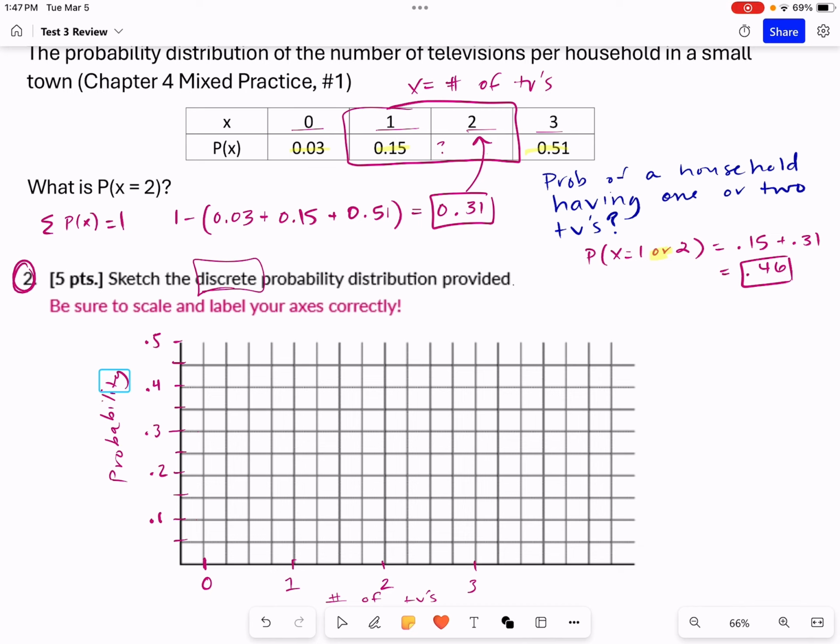So 0.03, if every line there is a 0.05, then I'm a little more than halfway. 0.15, that actually would be exactly between the 0.1 and the 0.2. I found this 0.31, so just a little bit above the line there. And then 0.51, so that's going to be just a little bit above the top of my graph.